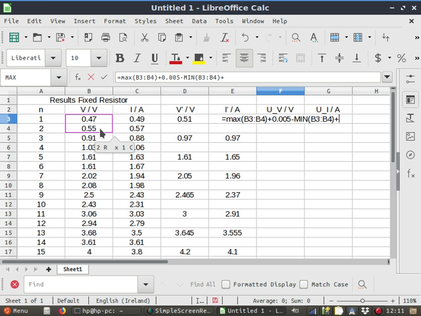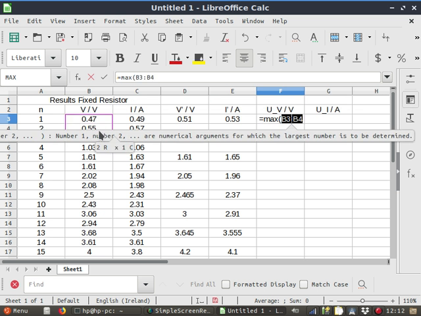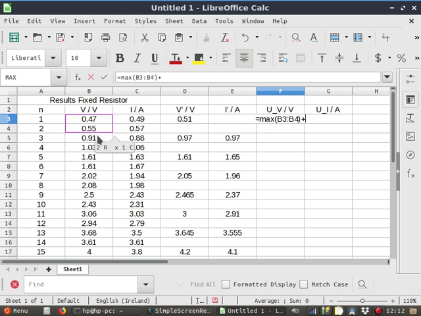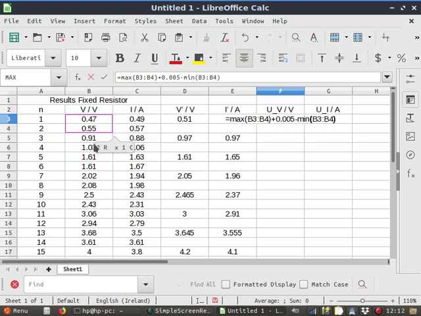But how to highlight again? Oh, let me start over. I'll start again. Okay. Equals max, highlight these two, close, plus 0.005, minus min, bracket, highlight, plus 0.005.